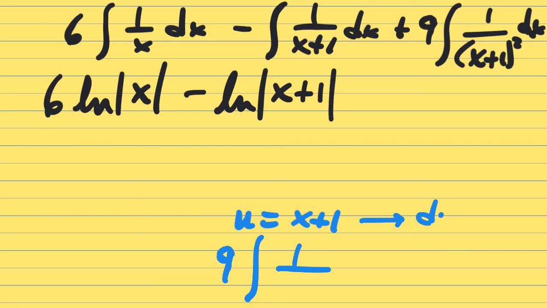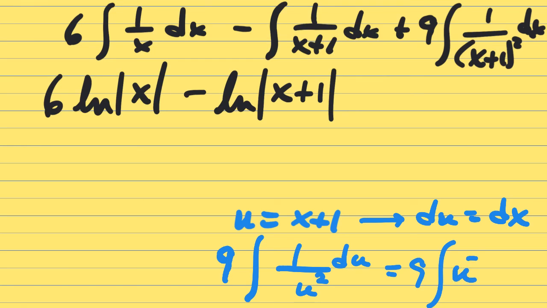So du is dx. That's the same as 9 times the integral of u to the negative 2 du.